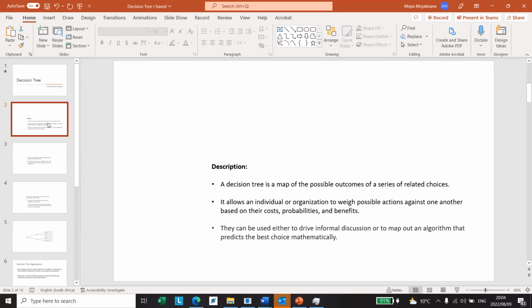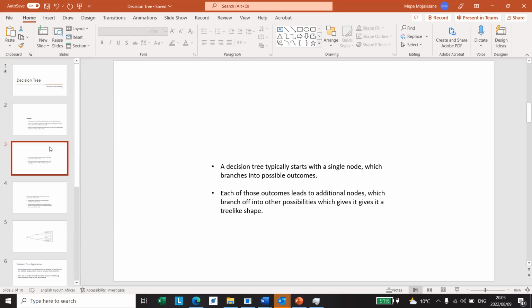If a business is in a situation where it needs to make a decision and is not too sure what decision to make, it can use a decision tree to get to at least an informed decision.